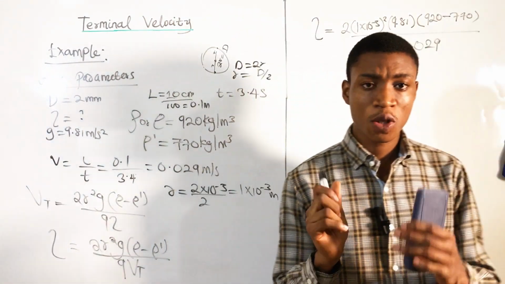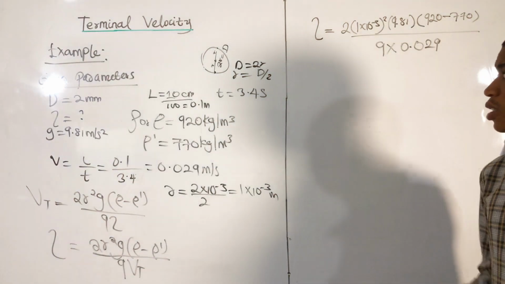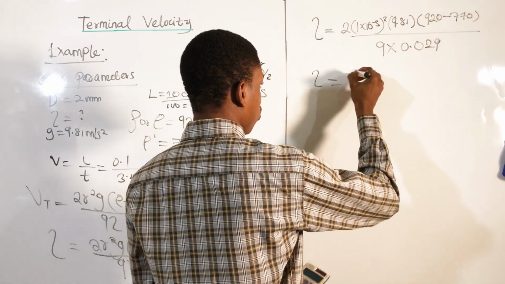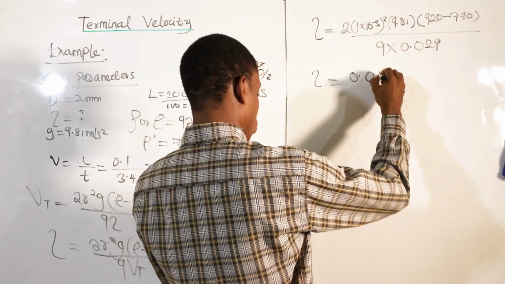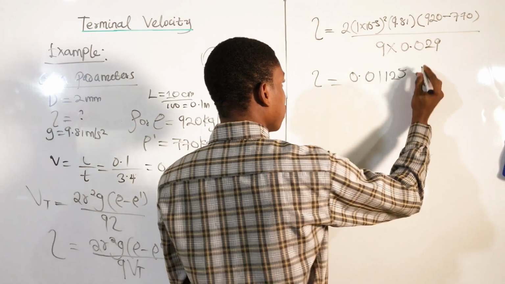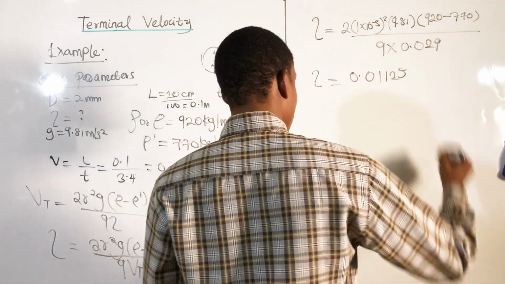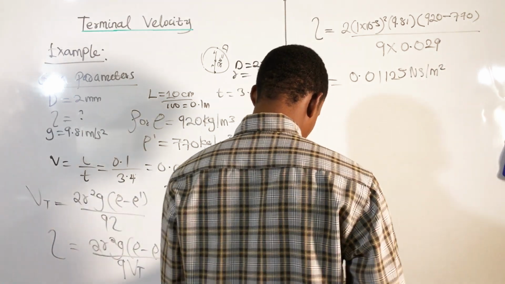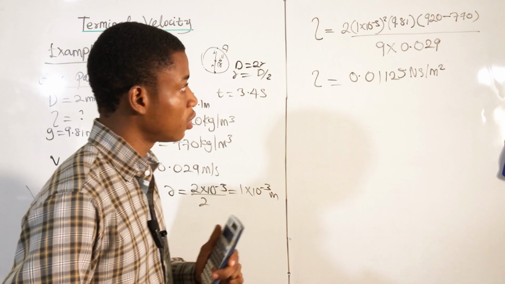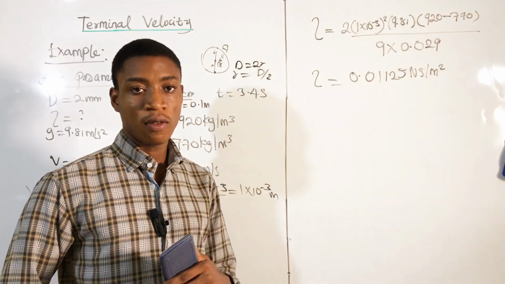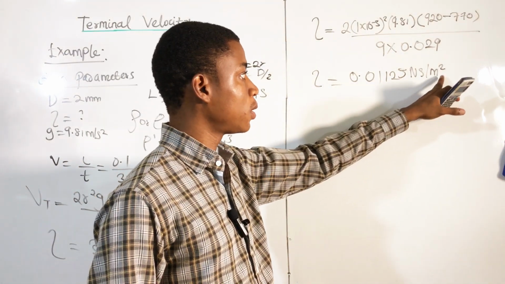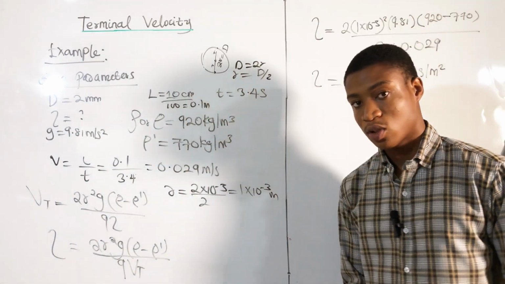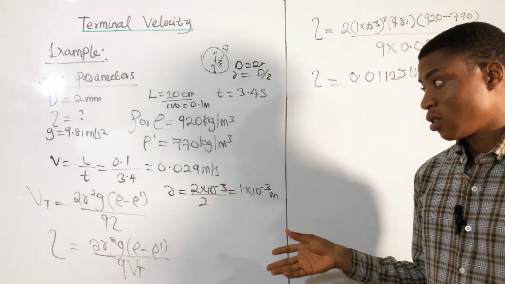If we punch this correctly, you see that we have the value for the dynamic viscosity as 0.01125. Take note of the unit: Newton seconds per meter squared. This is the unit for dynamic viscosity.